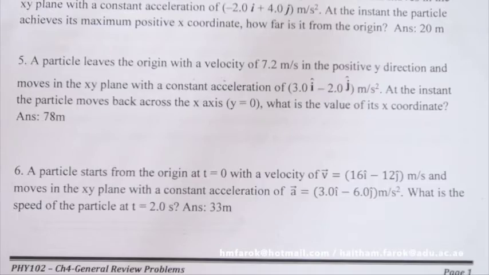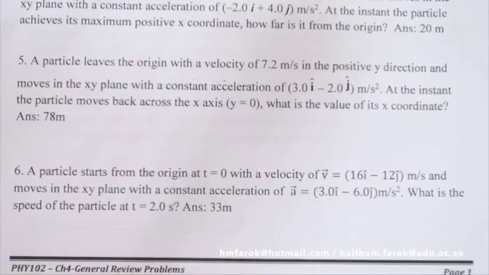I read it. A particle starts from origin at time 0 with a velocity, this is the velocity vector, equal to 16I minus 12J meter per second, and moves in the XY plane, so in X and Y only, with a constant acceleration. The acceleration is constant, and the acceleration is given.